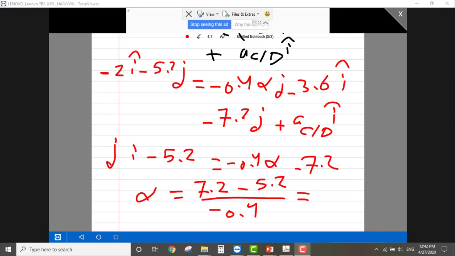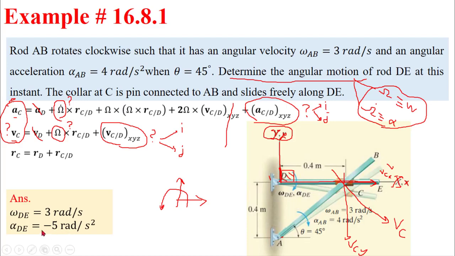The value is 5, so minus 5 rad per second squared, and the minus sign means that the assumed clockwise direction is wrong and we need to reverse the direction. So minus 5 rad per second squared is the answer, but the assumed direction is incorrect.